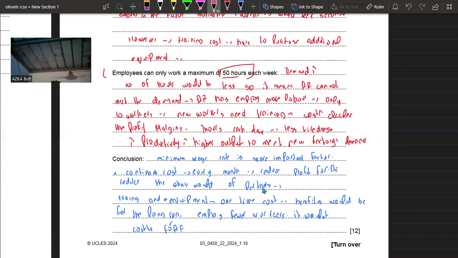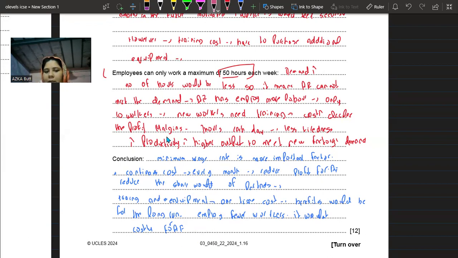Okay, because I have told you that we are already giving wages above the minimum wage rate, but we have to create a differentiation. So that's why maybe we have to pay some more wages. This is the reason that every month we have to pay the wages, and it can reduce our profits. And it means that it would reduce the share for the partners also. And the training and equipment, this is only a one-time cost, and its benefit is for the long run.